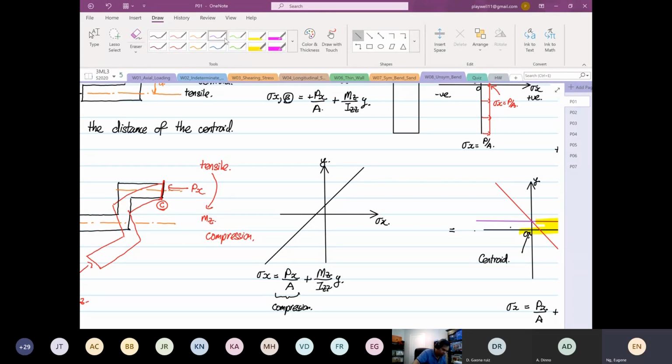Okay, so over here, your zero is based on the centroid.